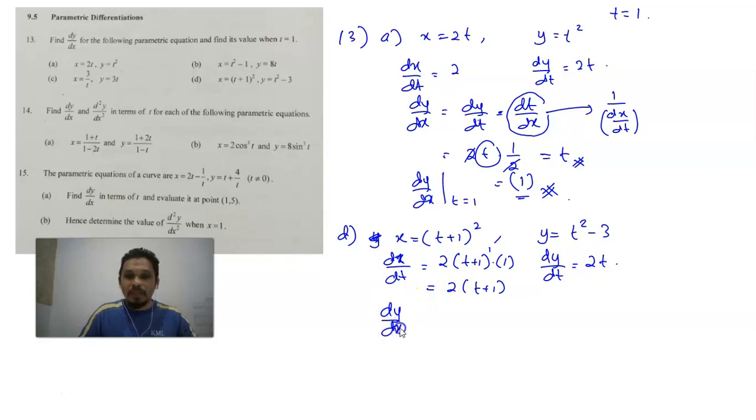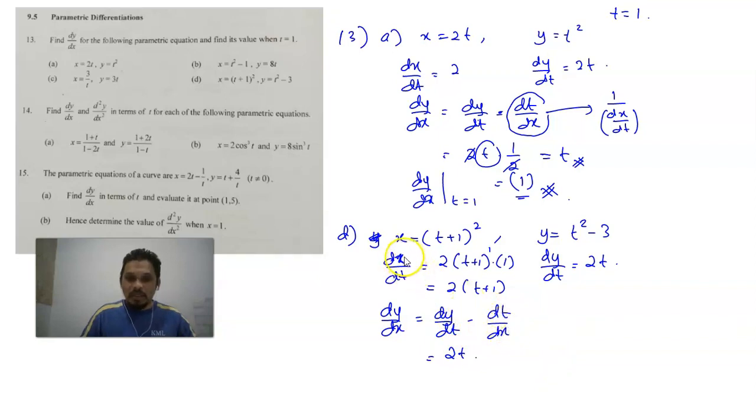So dy/dx equals dy/dt multiplied with dt/dx. So dy/dt equals 2t and then dx/dt.